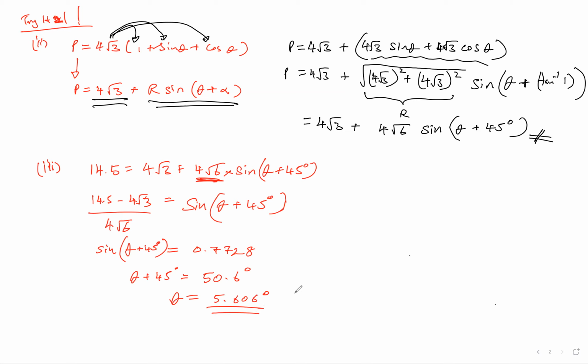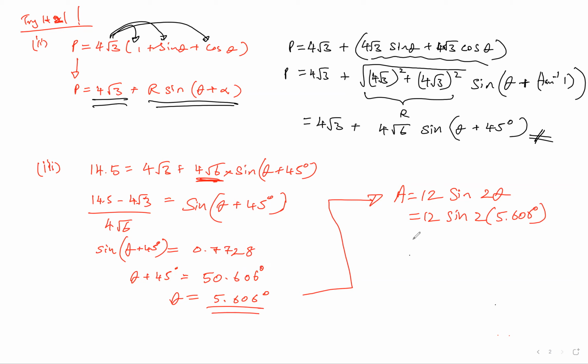Now this is where you need to substitute into the A. The A is equal to 12 sine 2 theta. So 12 sine 2 theta with 5.606 should give you 2.33.